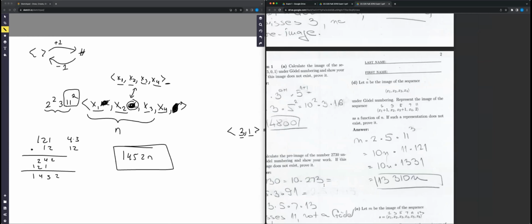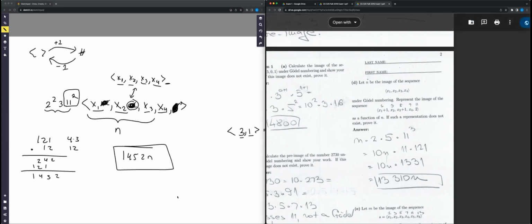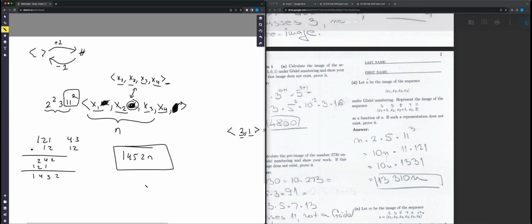If the last number was 4, then it would be 11 to the 5. That's kind of a messed up thing. 11 to the 5 is, if you can't multiply in your head, it's 1, 2, 3, 4, 5, 4, 3, 2, 1.